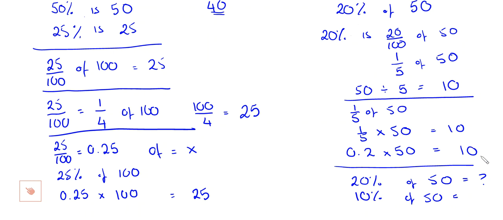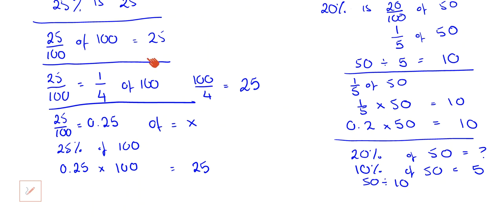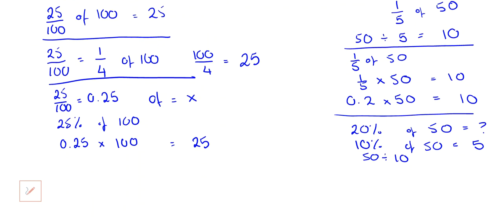How'd you do that? We would just do 50 divided by 10, which is 5, and just times it by 2. So take this, times it by 2, that would be 20%. Take that, times it by 2 would be 10.